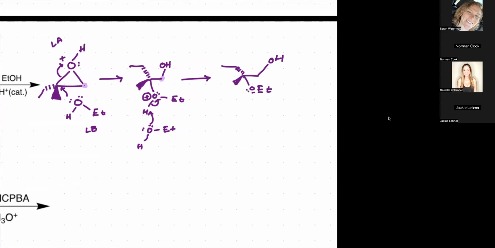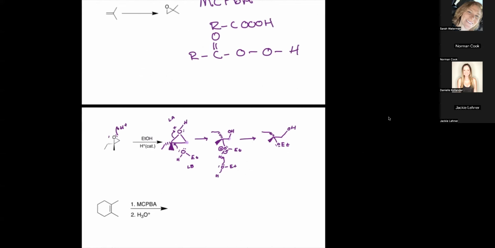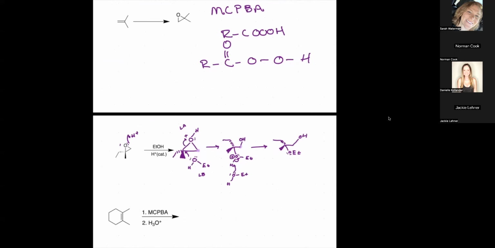Anybody have any questions on that? With this, do we have to show all of the OEt stuff at the bottom? If they're asking for synthesis, yes. If this is just asking you to predict the product, you can just literally draw this. I'm showing you this so that you know what's going on.